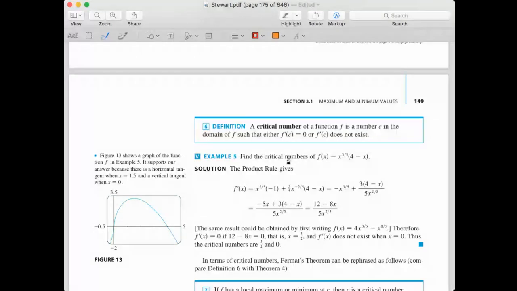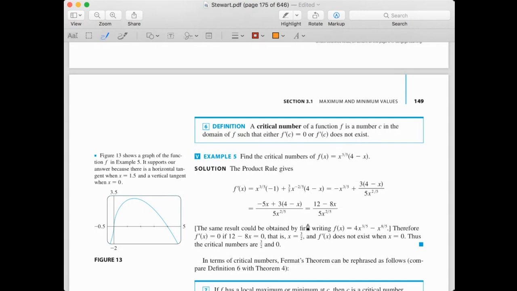Okay, let's find the critical numbers for this function. This function is defined as x raised to 3 over 5 times 4 minus x. Let's use the product rule for this. We take the derivative of 4 minus x, that's negative 1, times x raised to 3 over 5, plus the derivative of x raised to 3 over 5 times 4 minus x.